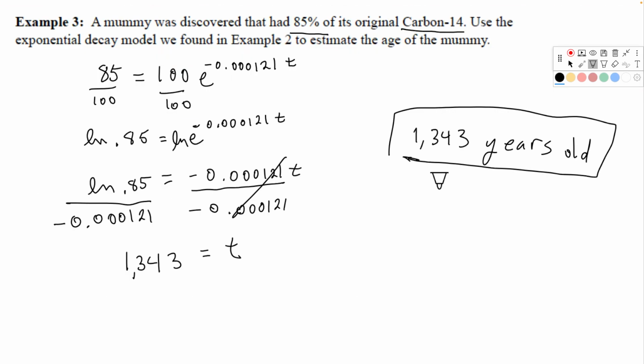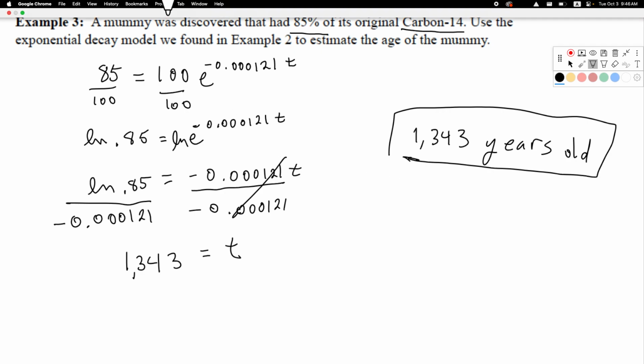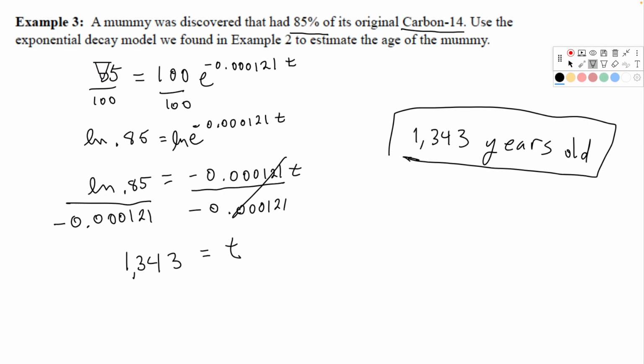That's pretty much what you're going to need to do: an application. So you've got half-life, you've got doubling time that you could use with population growth, but we're using this basic formula and working through those problems.